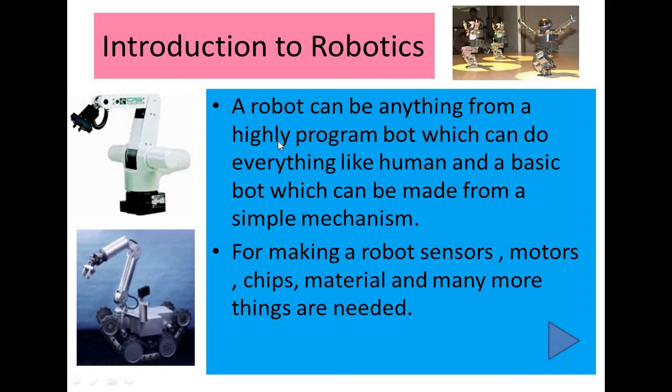So highly programmed bots are the robots that look like a human being and can do everything like a human being. Like if you can see this picture, it looks like a human being and can dance like a human being and can work automatically. It can work on its own and doesn't need any wire or anything. It works with a complex program and has many parts involved which let it move freely in every direction.